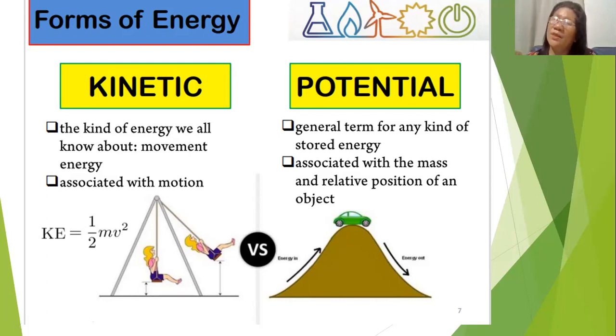So the force which is exerted here will be converted into a form of kinetic energy. Of course, if there is no mass, the seesaw will not move. Back and forth, that is velocity. That is kinetic energy.